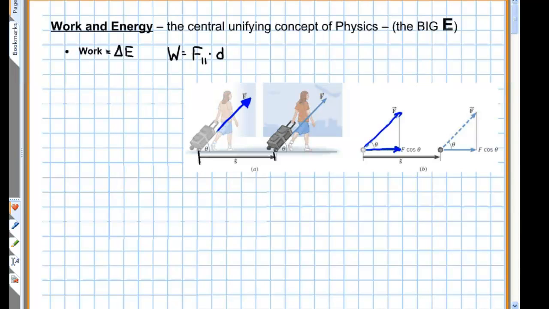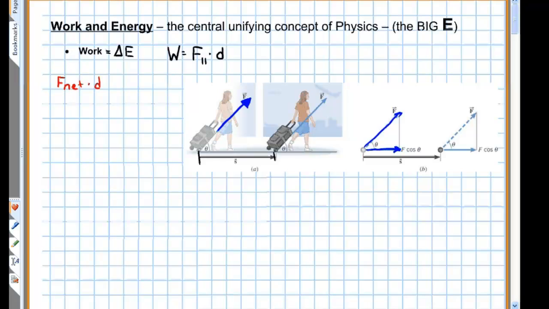And so the interesting thing is if this force represents a net force being applied over some distance. Now, it doesn't have to be a net force, we'll discover. If there's a bunch of friction, some of the energy that is given to the bag is quickly transferred into thermal energy through friction.